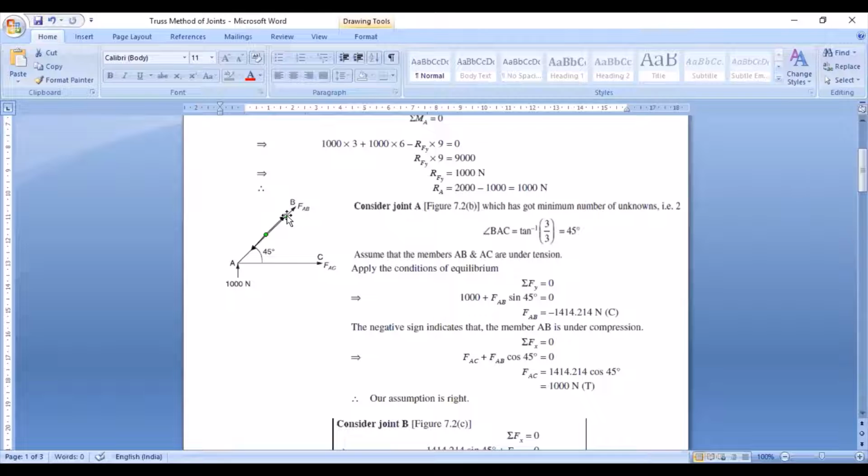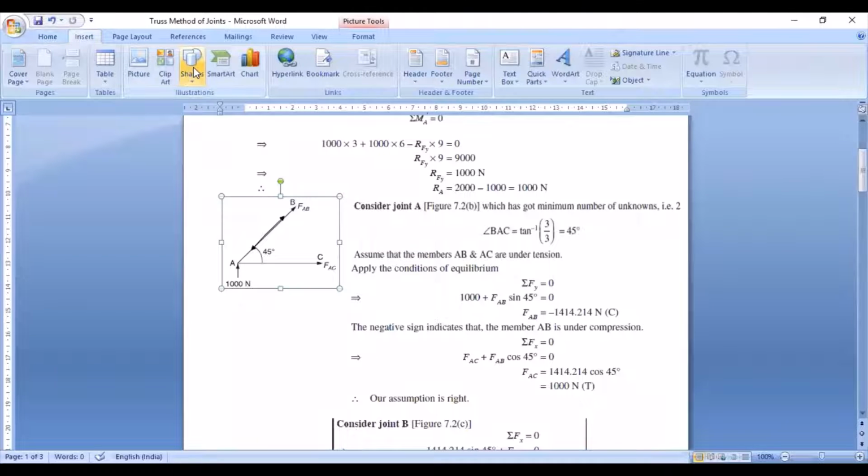So yes, this is how you are going to show the member force. So your member force AB will be, when you consider joint A, your AB arrow will be towards A. Similarly, when you consider joint B, your arrow will be towards B. Whereas for this member, how will be the arrow? It will be like this.